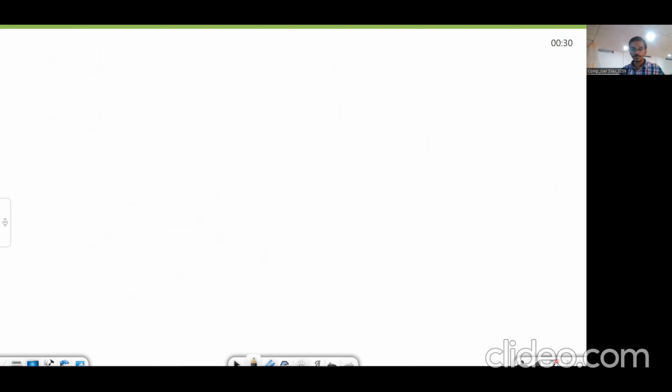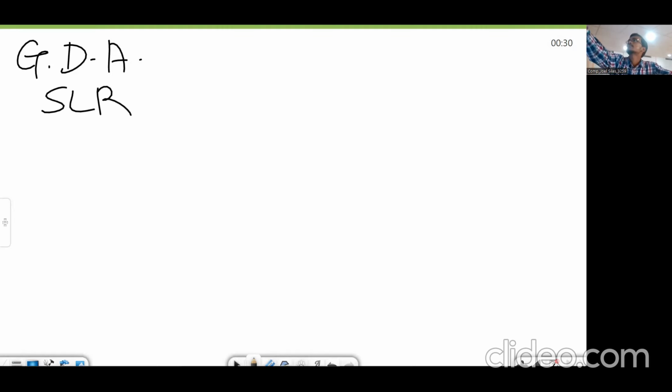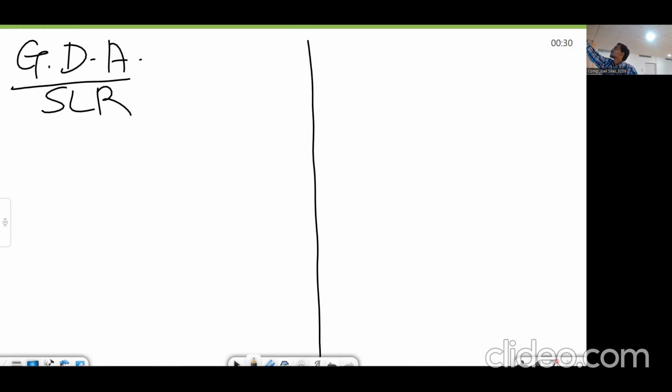Now this was the difference between the cost functions. Let us consider the difference between the gradient descent algorithms, for simple linear regression and for multiple linear regression.